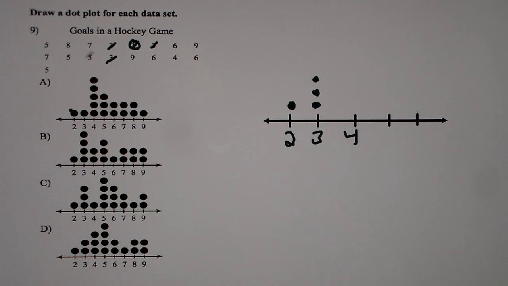For the 4s, count them out. Got 1. So we put only 1 dot at 4. For 5, 1, 2, 3, 4. There's 4 5s. Then we count out the number of 6s. 1, 2, 3. 3 6s.